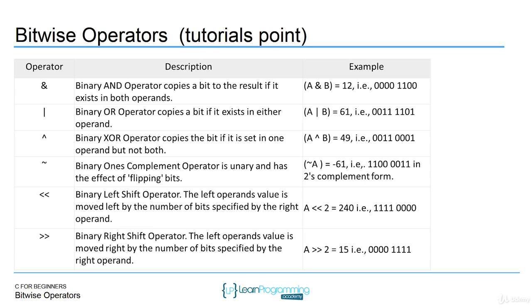Binary ones complement. So again, we're getting into binary data here because we're talking about bits. The one's complement operator is unary and has the effect of flipping the bits, basically just negating them, taking them on or off. So an example here was if you say tilde A, you're applying the ones complement operator. And if it's equal to negative 61, it will be 1100001, right?